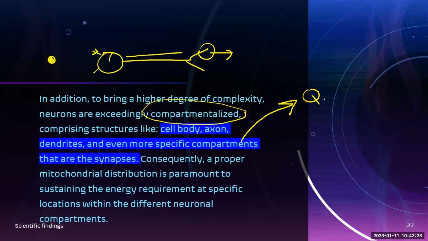So they need more mitochondria for exocytosis, endocytosis, opening of different channels like this. So we should keep in mind the role of this compartmentalization and why it is efficient for the cells and the distribution of mitochondria.